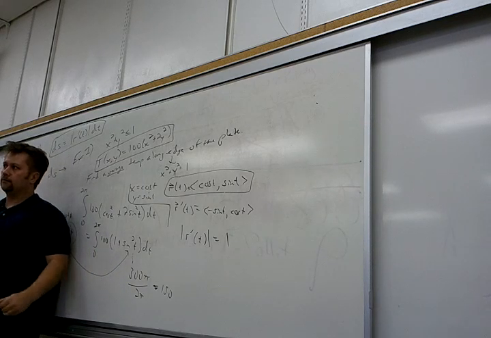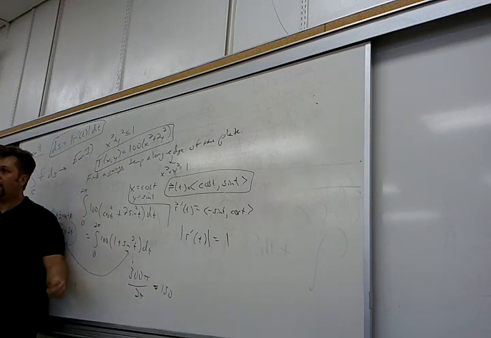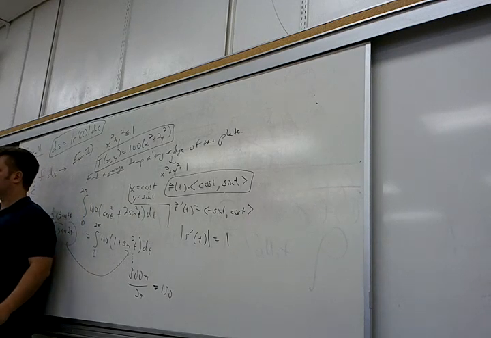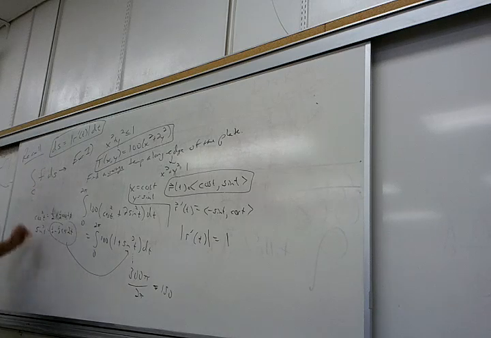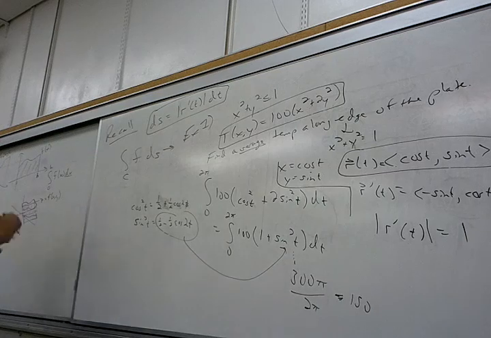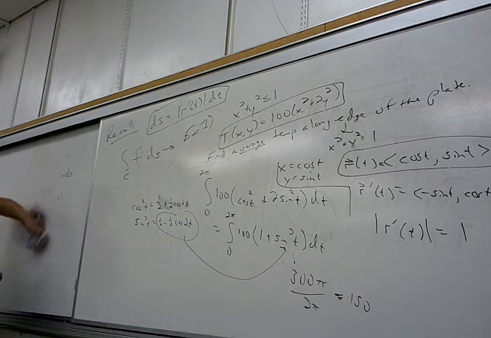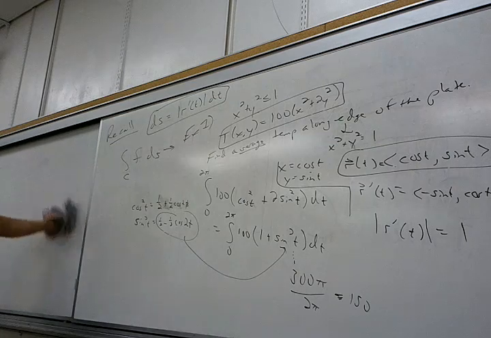Now here we were lucky, right? I said this first example was going to be nice because the parameter we used was the arc length. So what do you do when it's not the arc length? You skip that problem. No. The funny thing is, you just do a substitution.